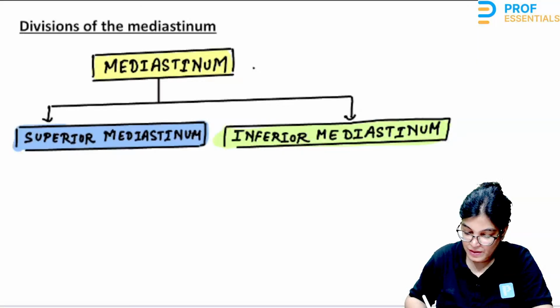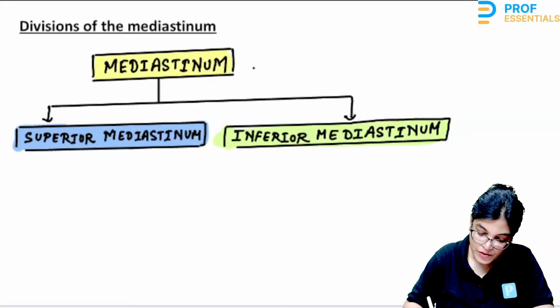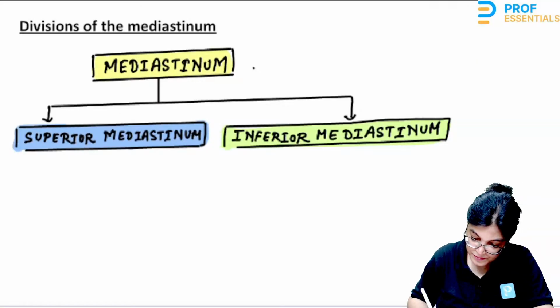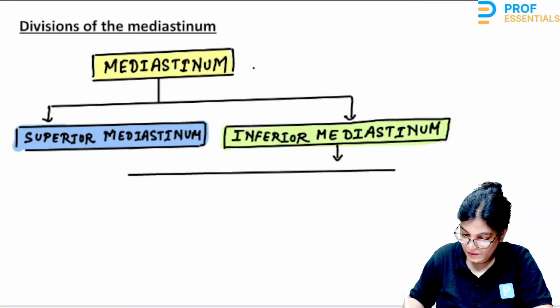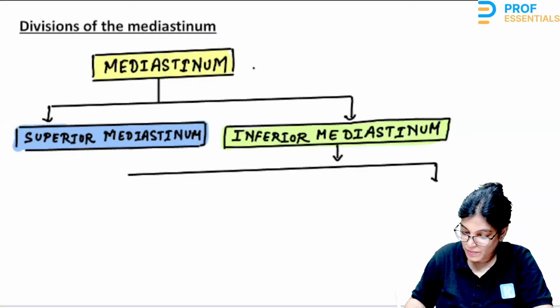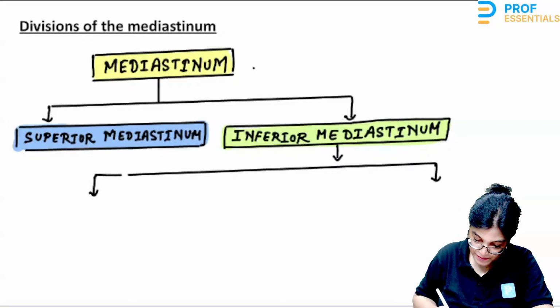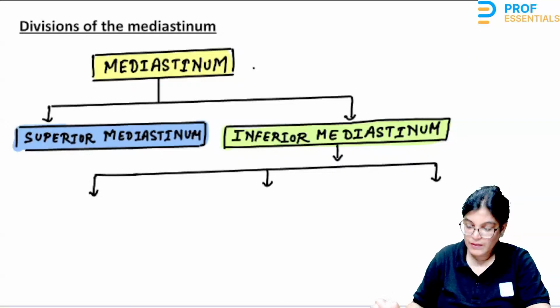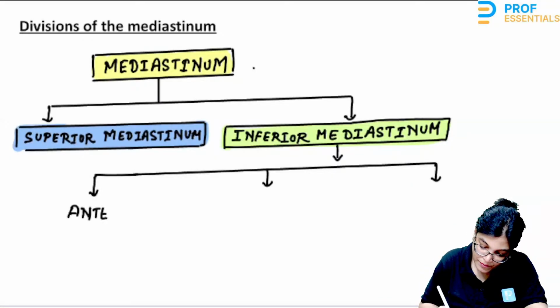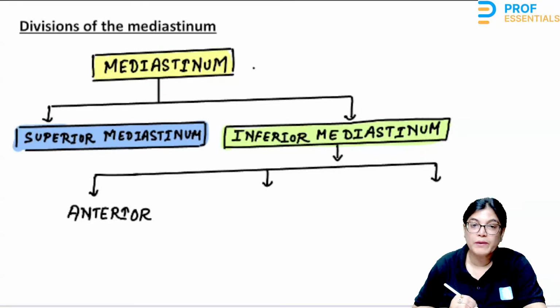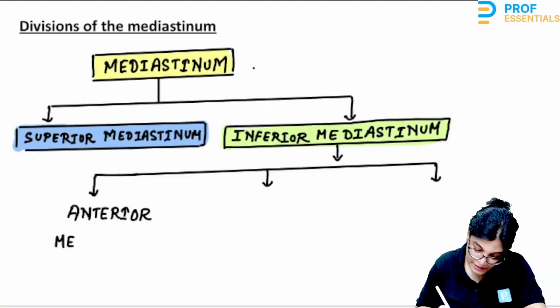The inferior mediastinum will be further divided into three parts. It is divided into the anterior mediastinum, which is lying anterior to the heart, pericardium and great vessels.